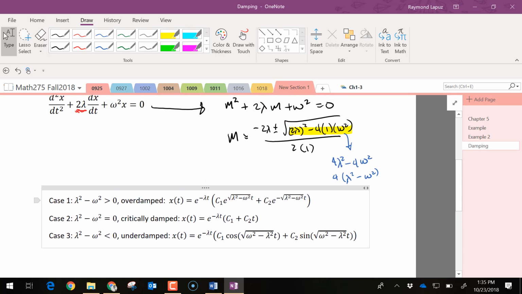If the discriminant is positive, then we have 2 real roots. If we have 2 real roots, your equation would be just the exponential functions without sine or cosine.